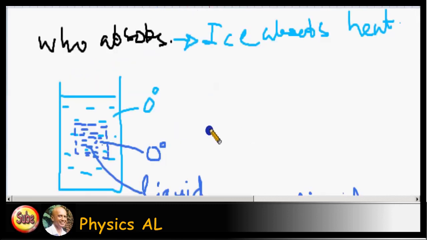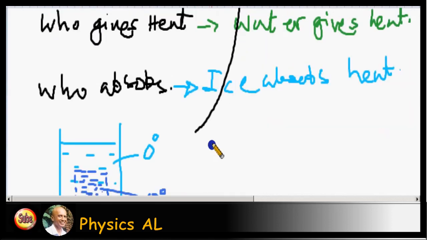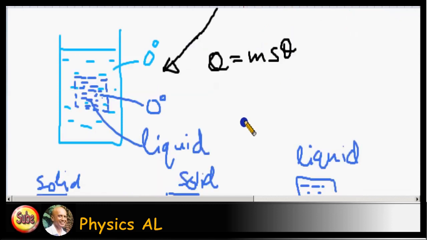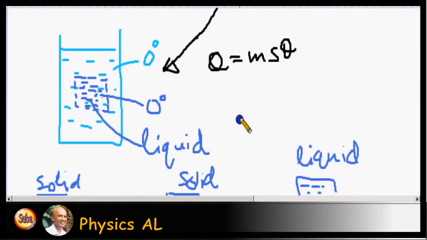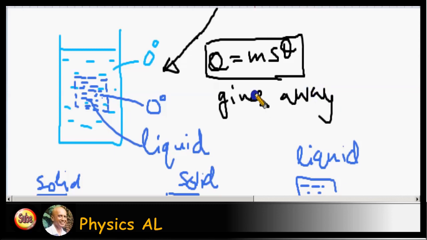Then what happened to water? Water changes only its temperature, not state. Then we write Q equals m s theta. That is the only thing that happened to water. This amount of heat it gives away, away means to ice.